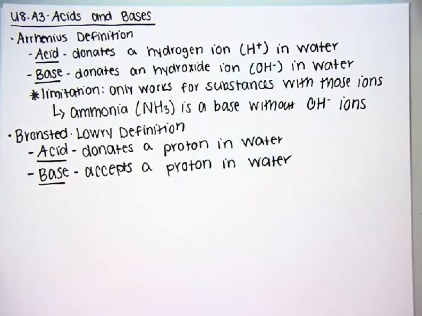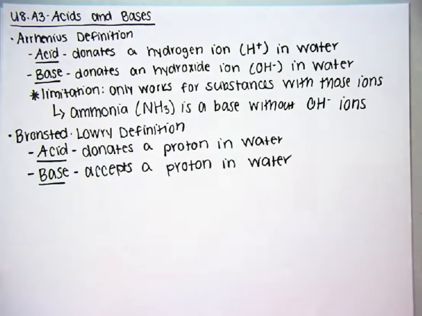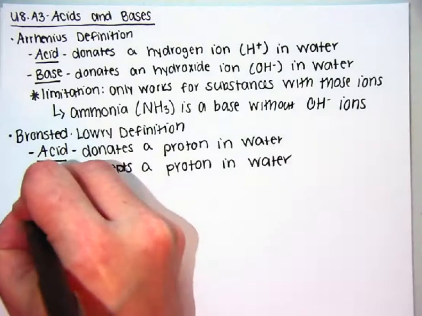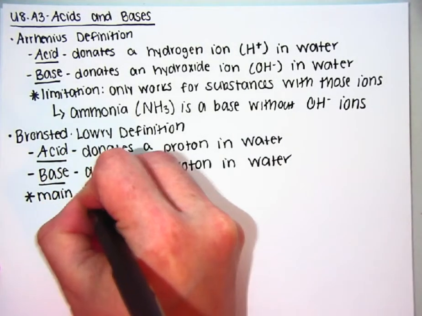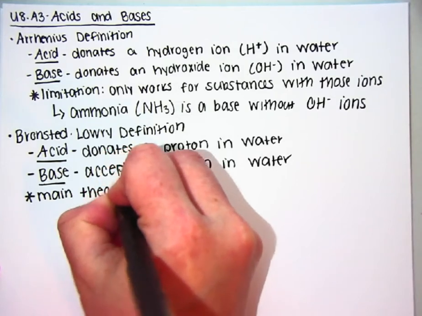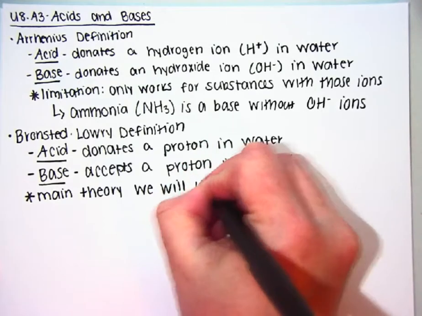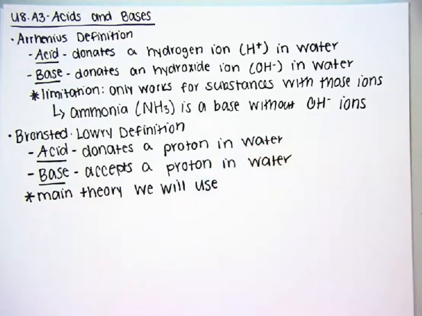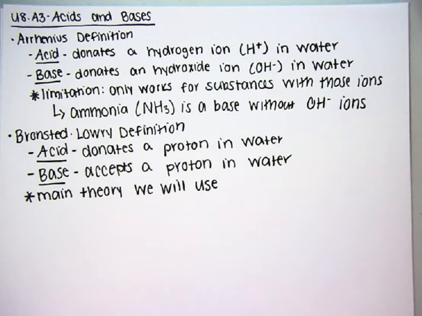Since the Bronsted-Lowry is more inclusive, it's going to include bases that don't have hydroxide ions. This is going to be the main theory we will use. So know both of them. But when we're doing examples and it asks you to identify the acid and identify the base, we're going to be looking for the Bronsted-Lowry acid or Bronsted-Lowry base.